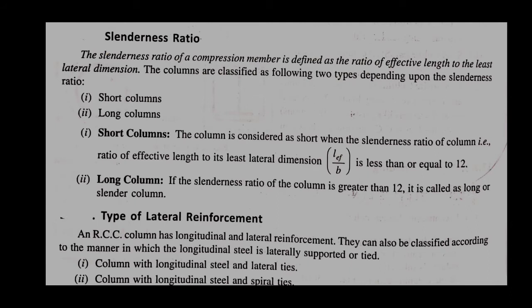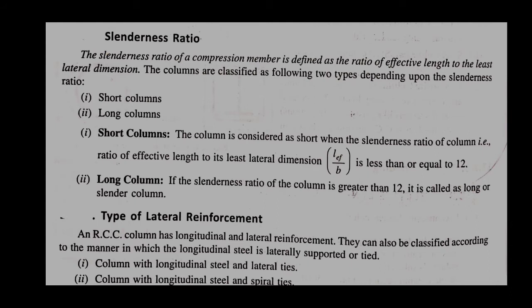First of all, we have to know the most important term, that is slenderness ratio. The slenderness ratio of a column or compression member is defined as the ratio of effective length to the least lateral dimension. Now, what is effective length mentioned here?